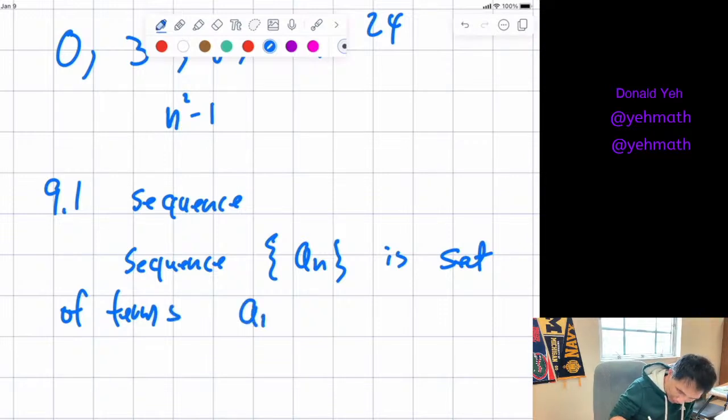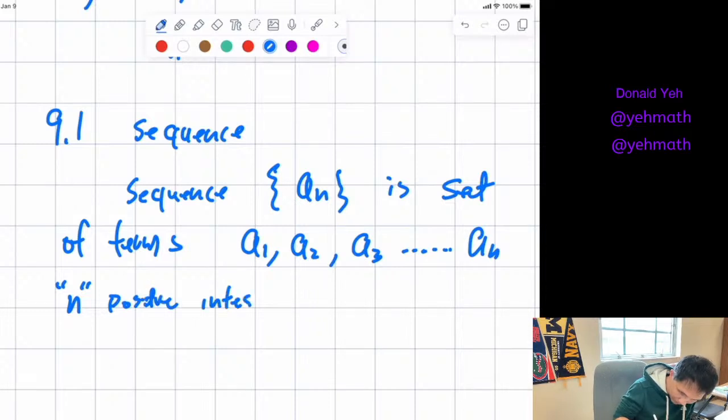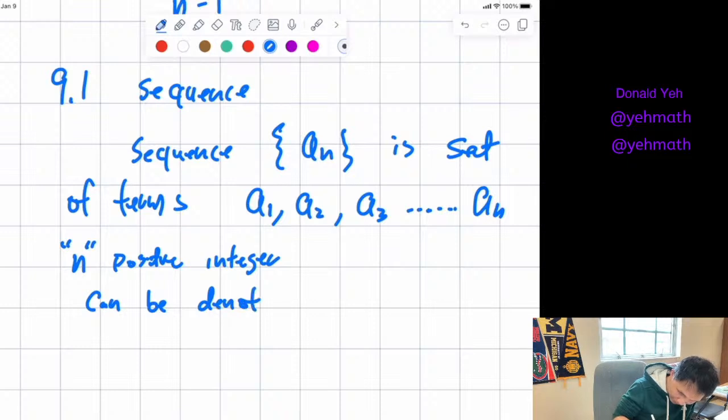It says A1, comma A2, comma A3, dot dot dot, to A sub n. Now, n has to be a positive integer, and it can be denoted as A sub n.